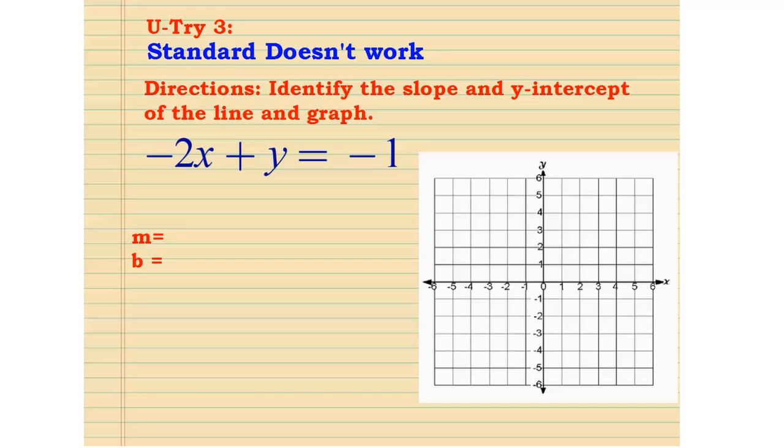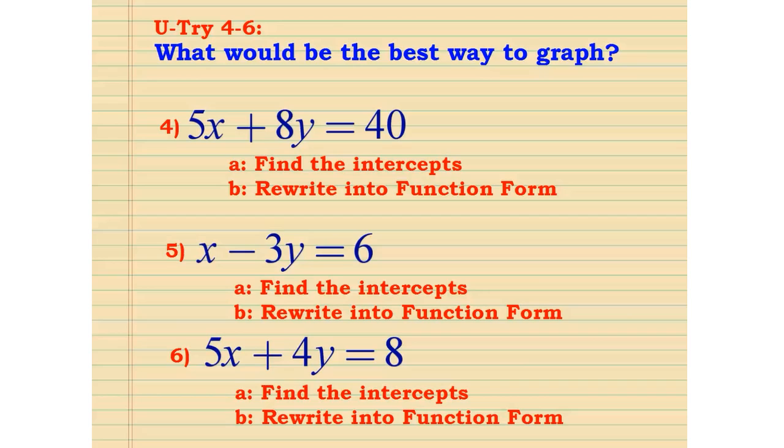Here's U-try number 3. Find out that standard form doesn't work so easily this time, and so we need to isolate y to find the slope and the y-intercept, and then graph this line. Here's the rest of your U-tries.